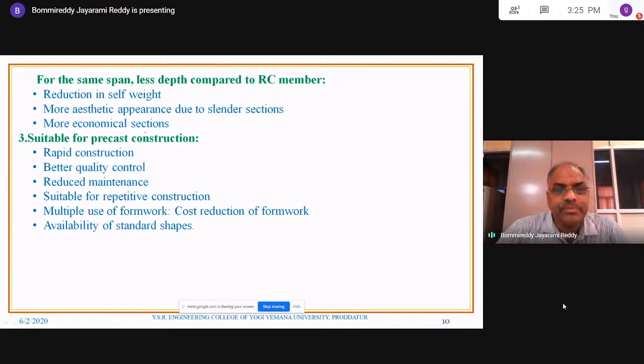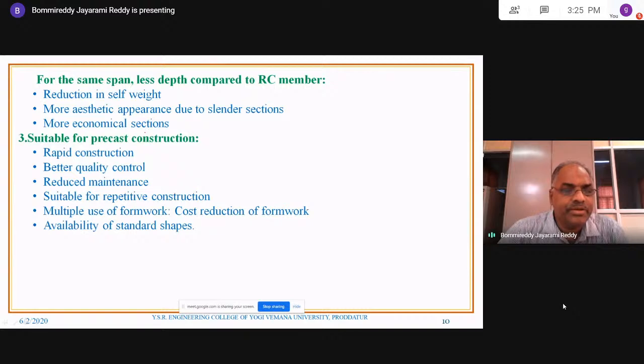And it is suitable for precast construction. Normally in RC members, most of the structures are constructed as cast in situ. Of course, nowadays we can also go for precast elements. But pre-stressed concrete is most suitable for precast construction.